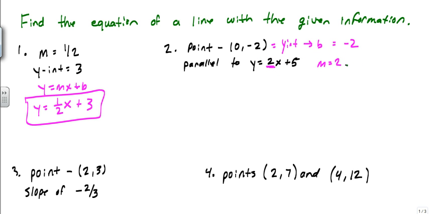It's introduced in a different way, but it's actually giving you the exact same information. You just got to kind of look for it. So to make this line, I'm still going to use y equals mx plus b. That's my slope-intercept form. And I'm just going to plug it in. Y equals, my slope is 2, so 2x, plus b. Well, my b is -2, so it's actually -2. Y equals 2x minus 2 is the equation of my line. Not too bad.